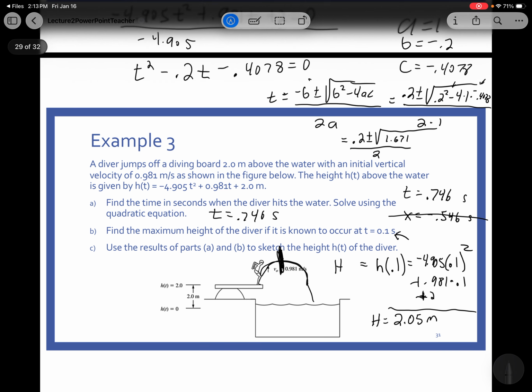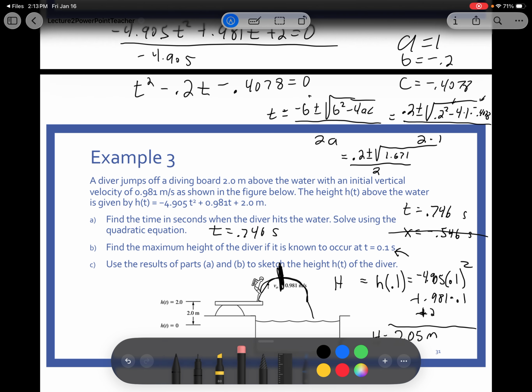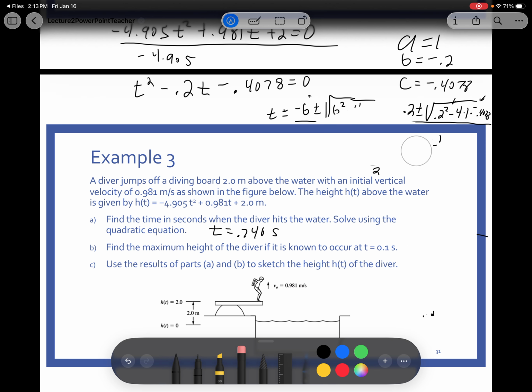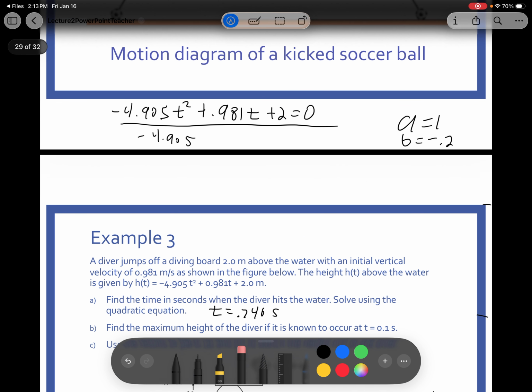The last part that we'll come up with is to use the parts of A and B to come up with a picture or a sketch of those results. So we just have to come up with a graph for this problem.